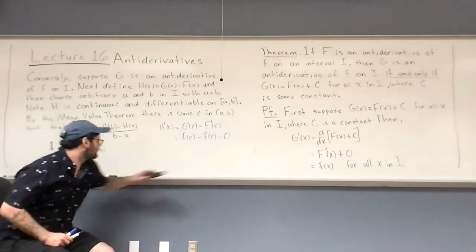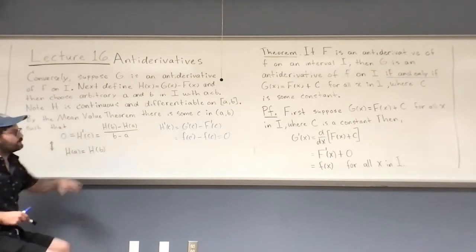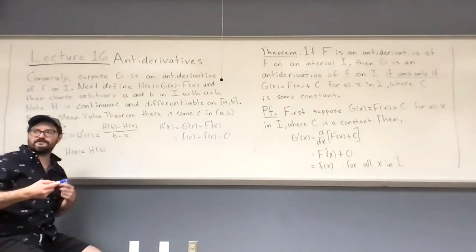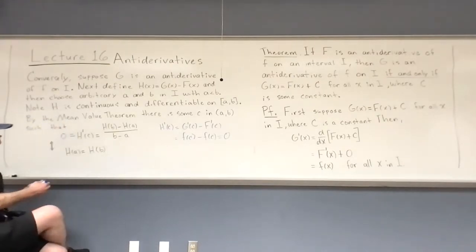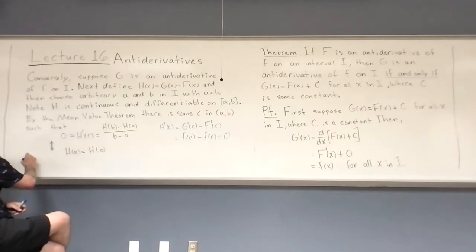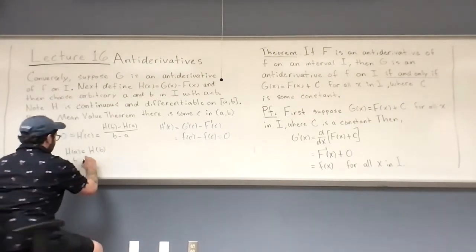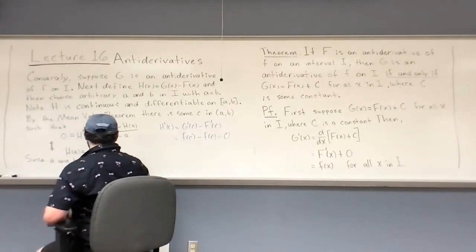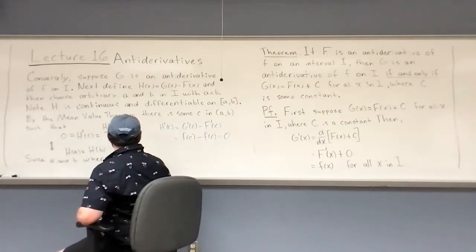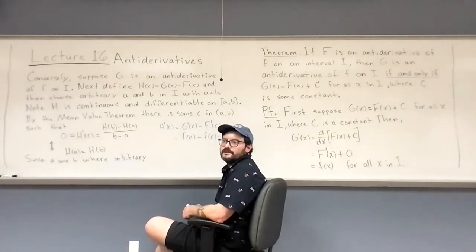Okay? Now, here's the part that kind of goes back to what I was talking about over there, about why I would set up that h. I wanted to see if it was a constant, right? So since little a and little b were arbitrary, and we just picked any a and b in the interval I with a less than b, right?